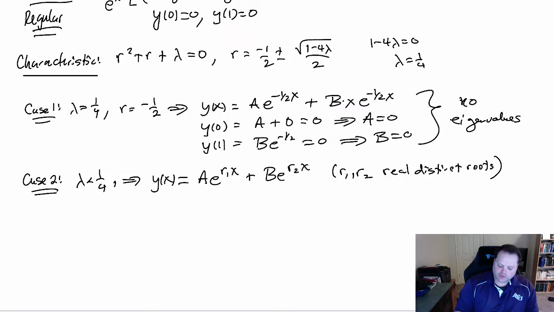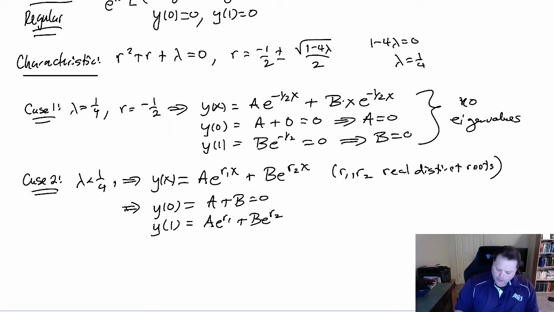And so you can test real quick on this. y of 0 is a plus b, which is 0. y at 1 is a e to the r1 plus b e to the r2, which would also be 0 here. So this condition tells you that a equals negative b.